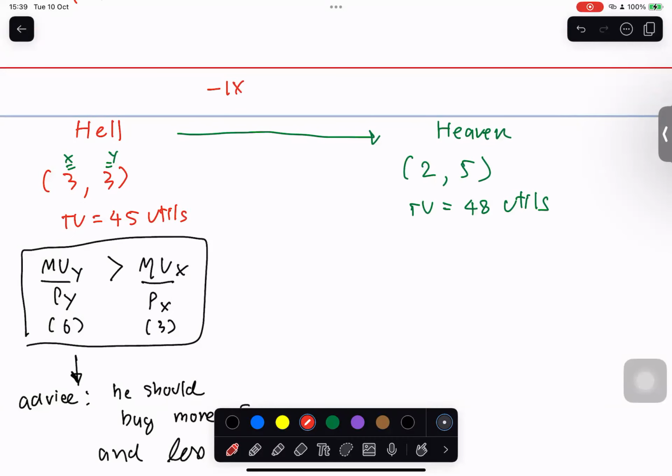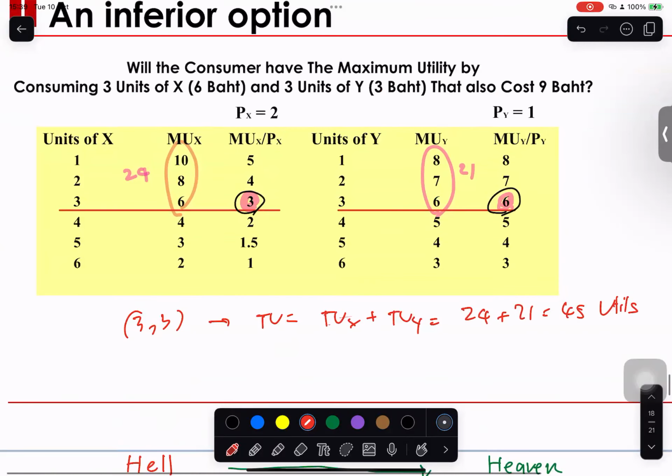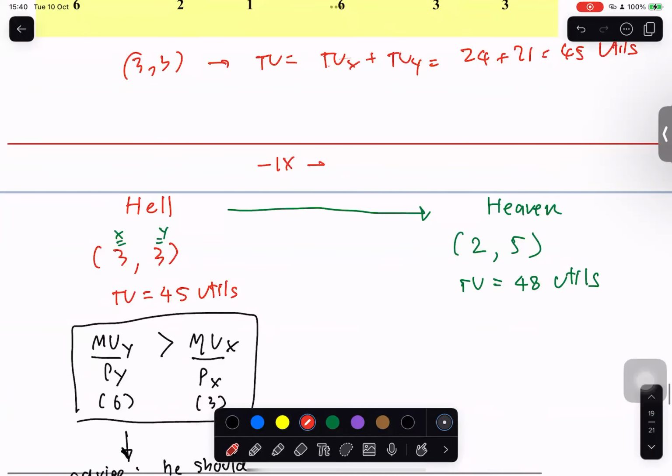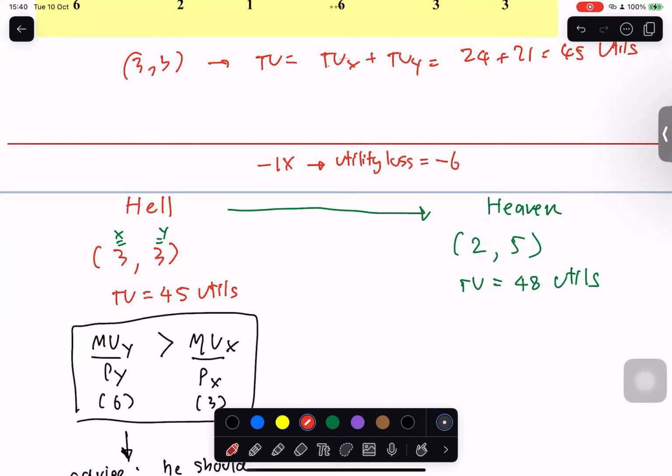Let's see what will happen. Look at this table. The third unit of good X, once he returns it to the seller, he would lose 6 utils because this third piece gives MU equal to 6. He lost 6. Utility loss after returning this unit, minus 6.